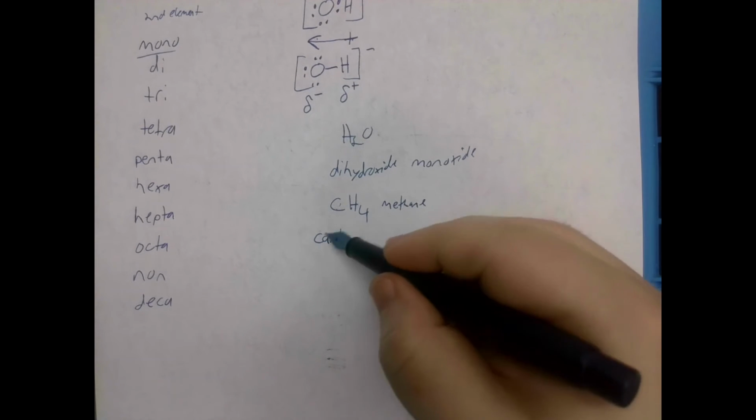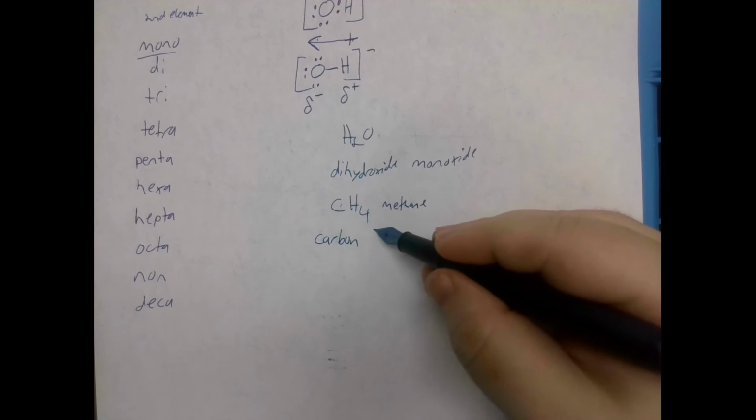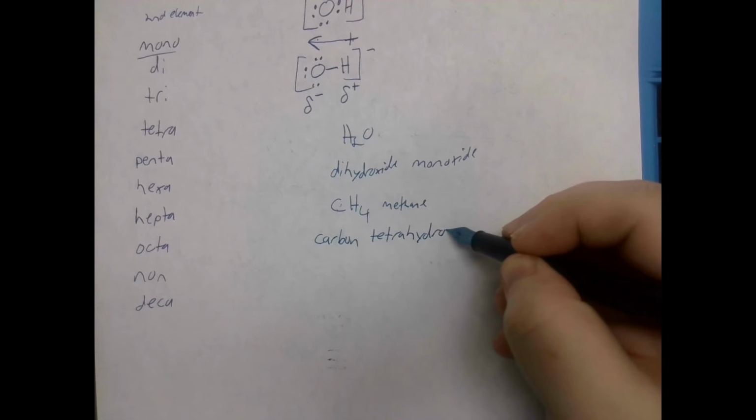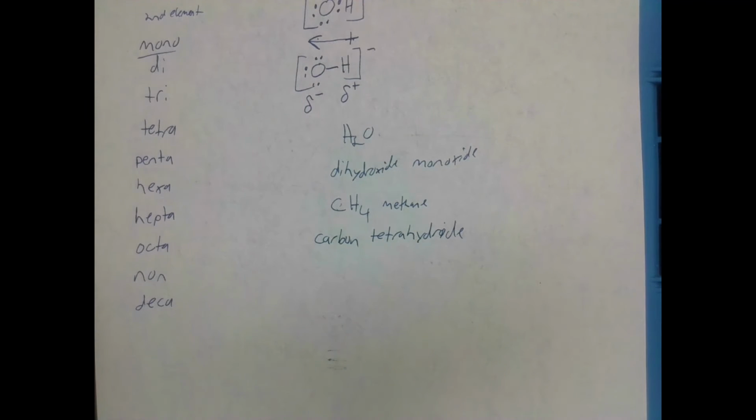So carbon, but we don't put mono on the first one. And this would be tetrahydride. Which sounds really weird. That is the correct thing. Don't forget, we also use IDE.